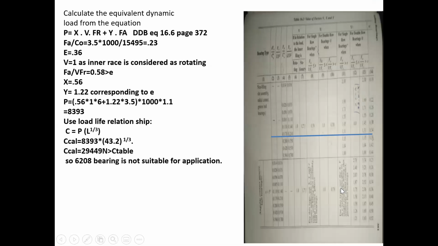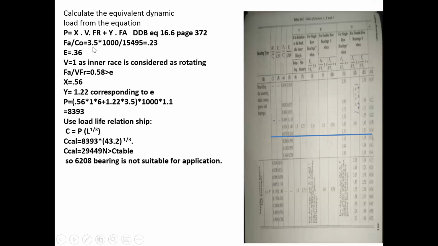Now the next step, you have to find out the equivalent load. For finding out the equivalent load, we will use table number 16.3. The first step is to find out X and Y. For that, first we have to find out the value of Fa upon C0.